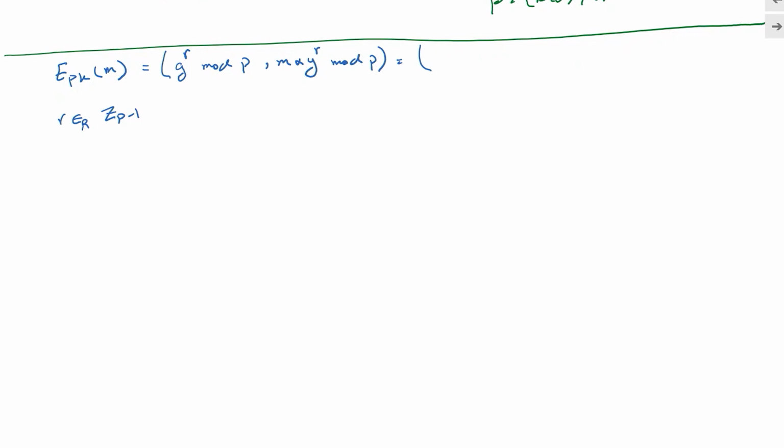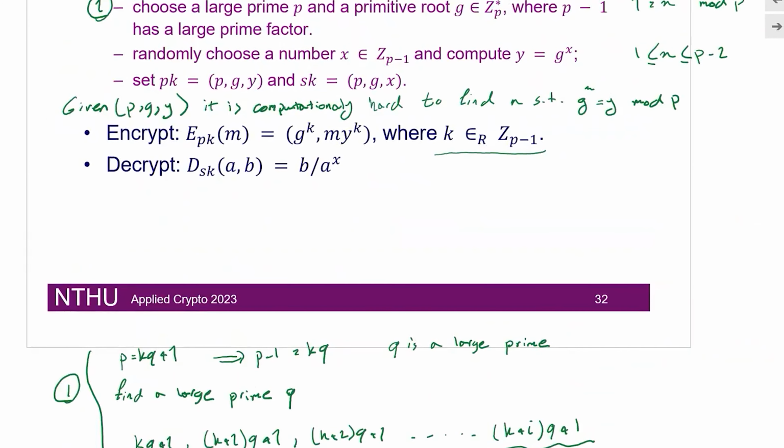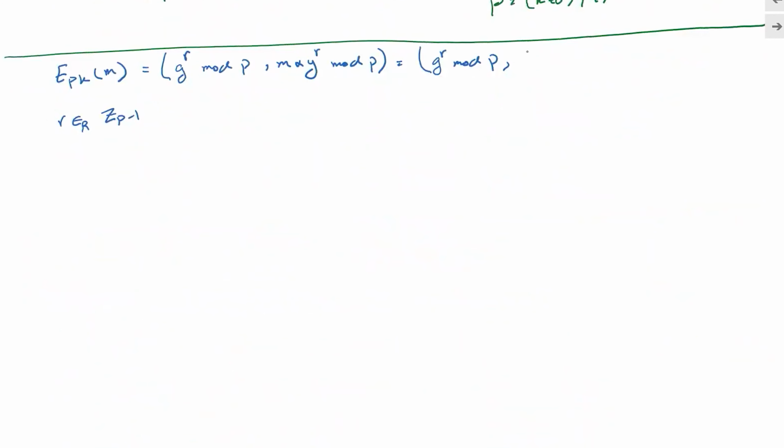The first one is just g to the R mod p. And for the second part, y is our public key, which we computed to be g to the x. So we are doing M times g to the x multiplied by R, so g to the Rx, mod p, right?